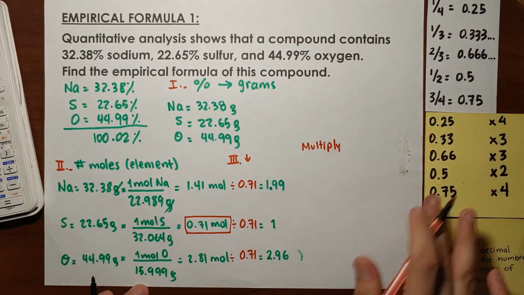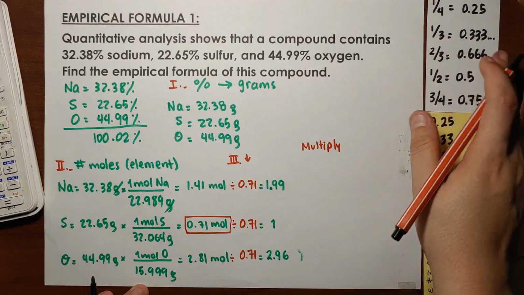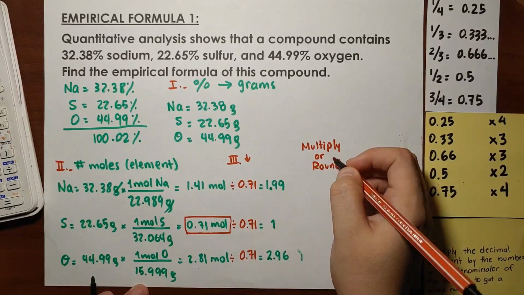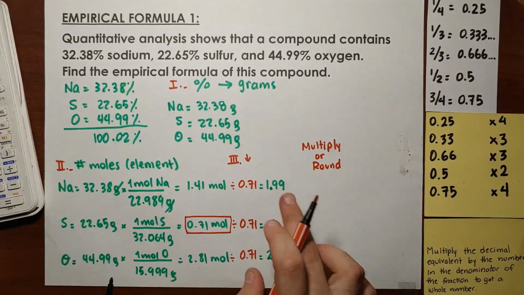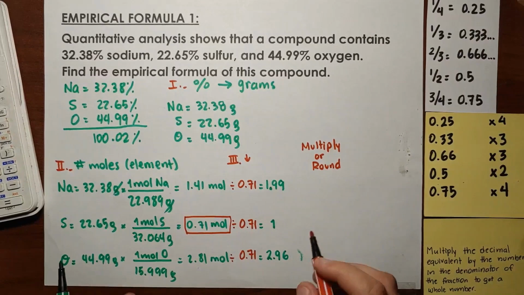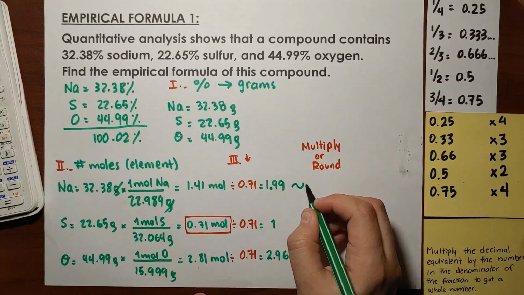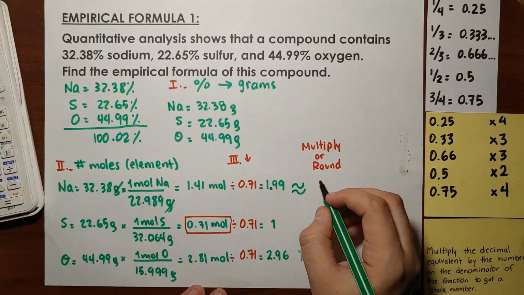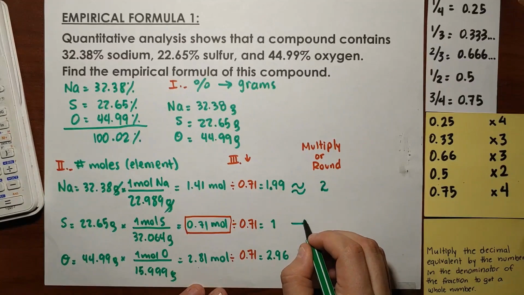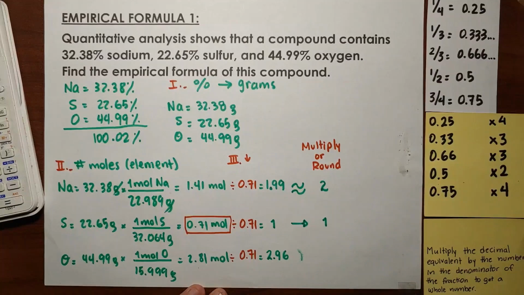If you have one of these decimals, you have to multiply or round. In this case, because the numbers are really close to a whole number, we're going to be rounding. So 1.99 is approximately equal to 2, 1 is going to be 1 because it's a whole number, and this is approximately equal to 3.